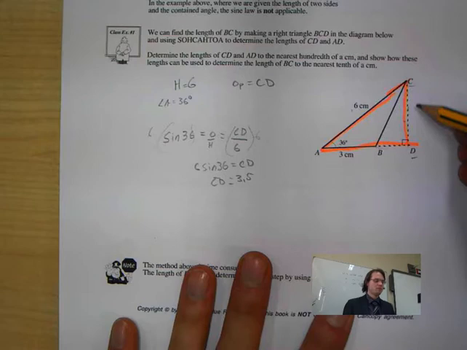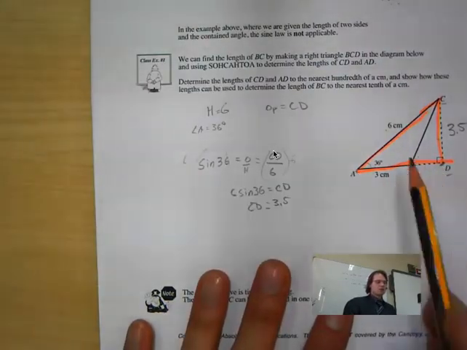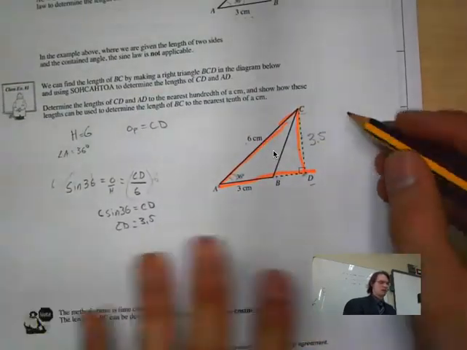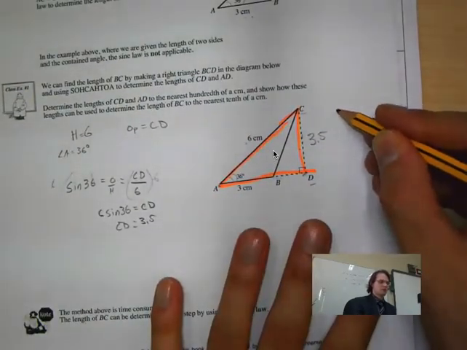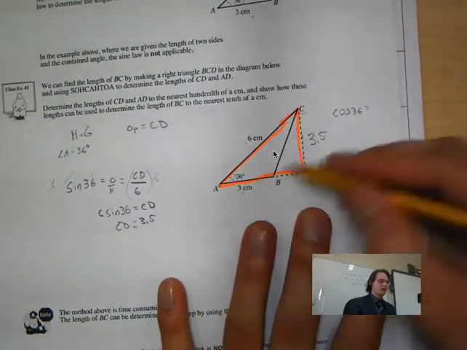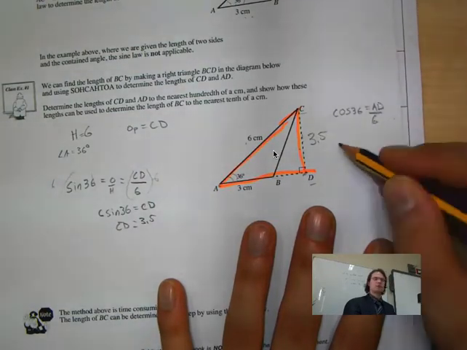So now let's try and find AD. That's going to be cosine. AD is my adjacent to 36, so we're going to use cosine. So we're looking at cos 36 is equal to AD, my adjacent, over my hypotenuse of 6.